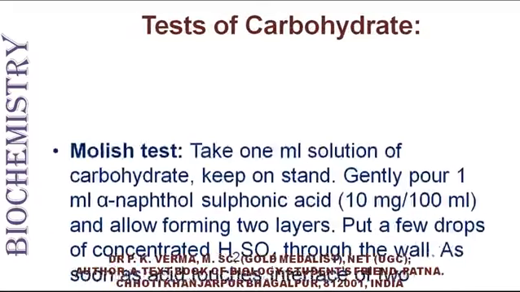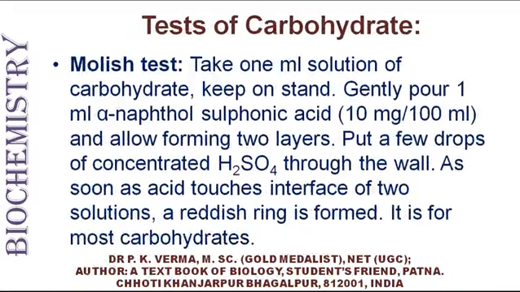Now, how can the carbohydrates be tested? The most common test is called Molisch test. If you have a soluble form of carbohydrate, dissolve it. Now 1 ml, 0.1% alpha naphthol is taken. 1 ml of sugar solution is taken above the alpha naphthol solution.